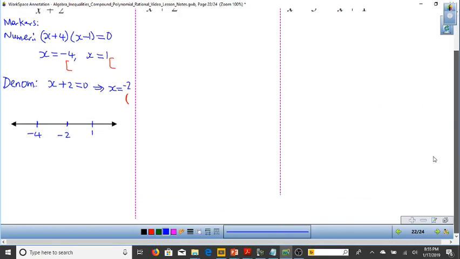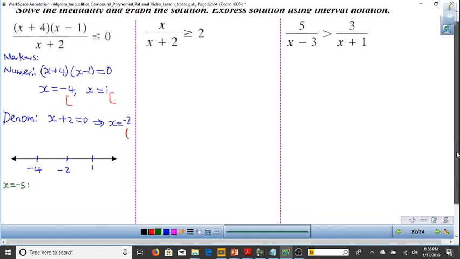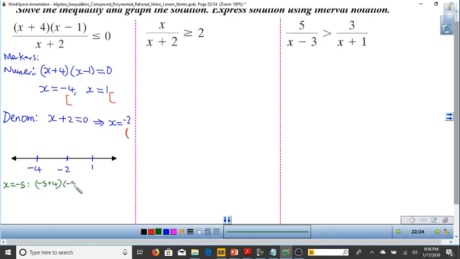I'm not sure if I have enough space here, but let's try a few numbers. So to the left of negative 4, we use x equal to, say, negative 5. And we plug that into the whole fraction. So we have negative 5 plus 4 times negative 5 minus 1 over negative 5 plus 2.